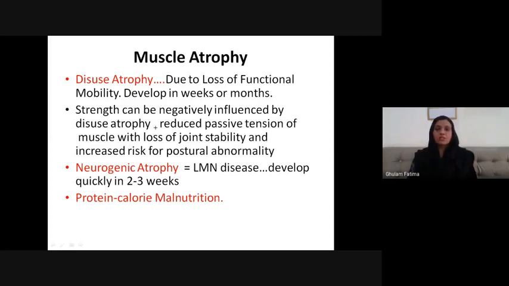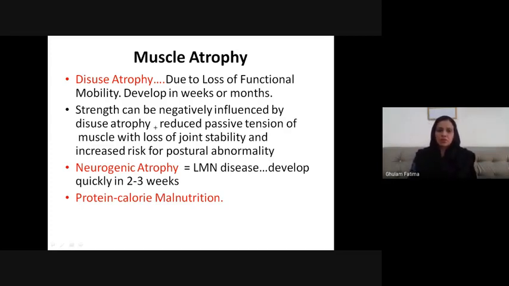It means that neurogenic atrophy is common in the type of paralysis which is not spastic but flaccid. The most striking part is that it develops quickly, within 2 to 3 weeks. That's why previously I was telling you that flaccid paralysis is considered more dangerous, in that it leads to significant atrophy that develops quite quickly.